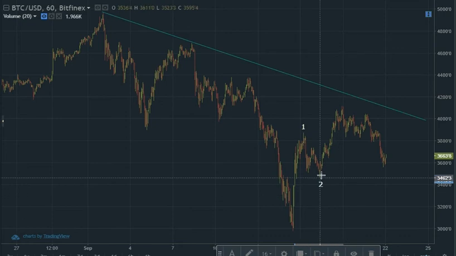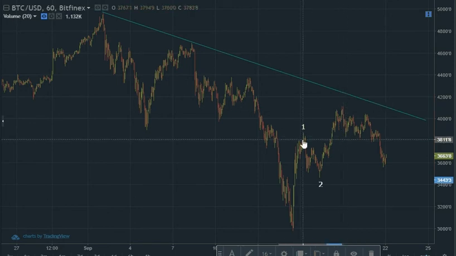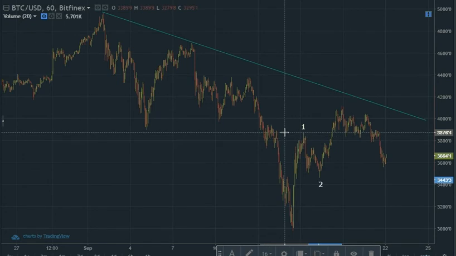And we knew this wouldn't be a wave three, most likely because the bottom of wave four would have overlapped with the top of wave one, and that would violate one of the Elliott waves.